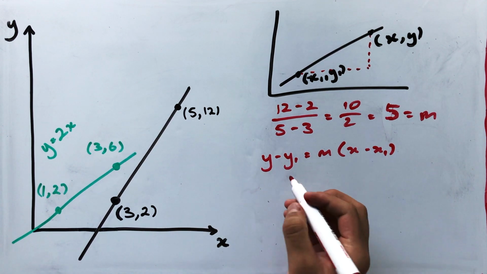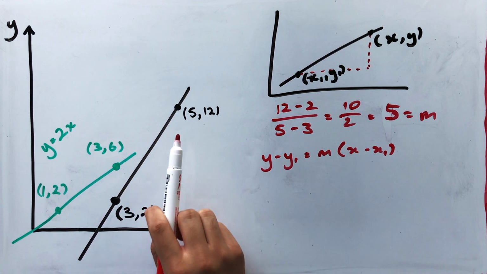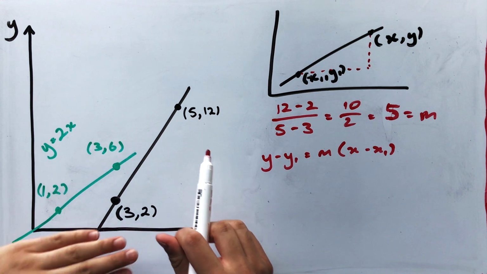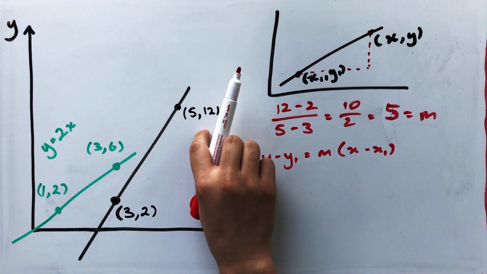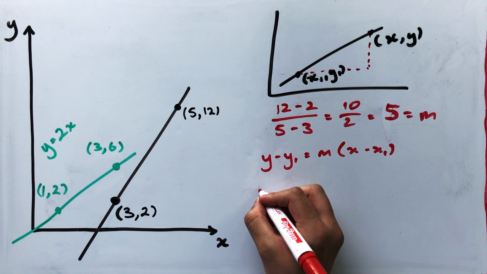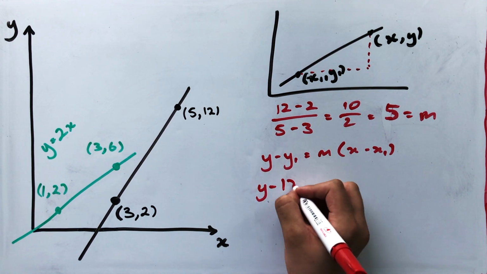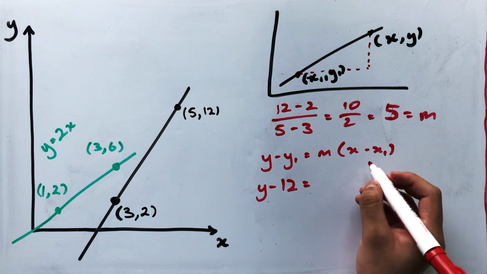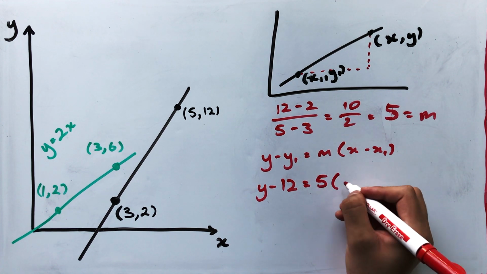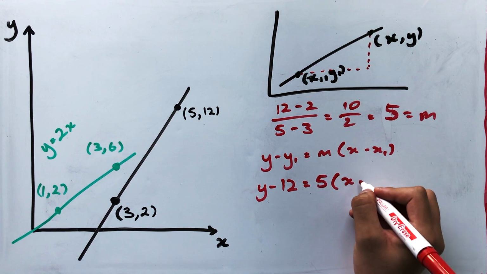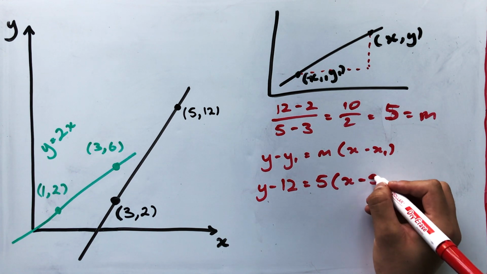Okay, now how would you do that? We just need to take one point on this line. So let's say we didn't have this point and we only have this one. What we do is we leave y as it is, minus y1, which is 12, is equal to m, which is 5, into x minus x1, which is 5.